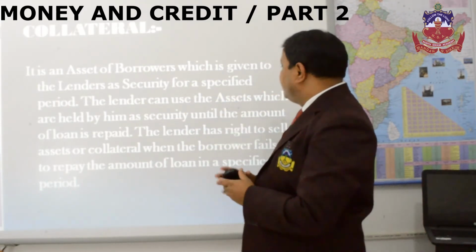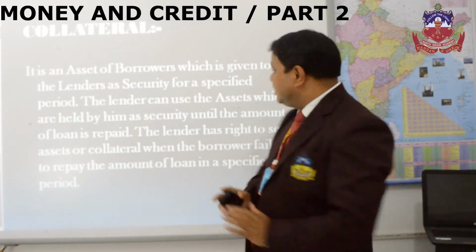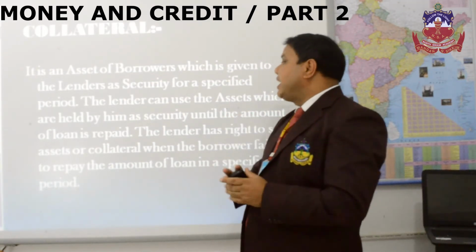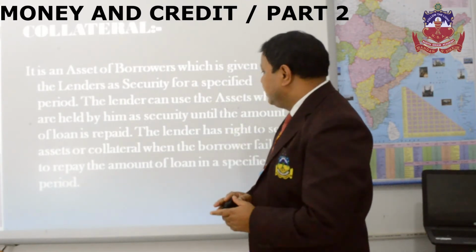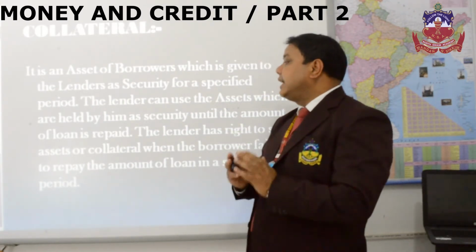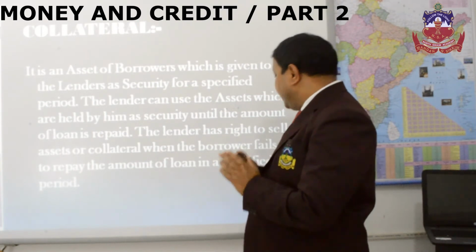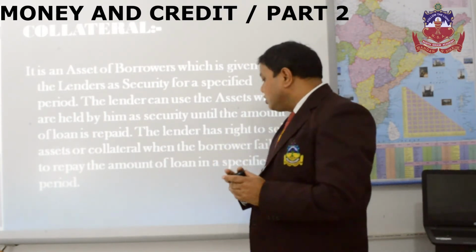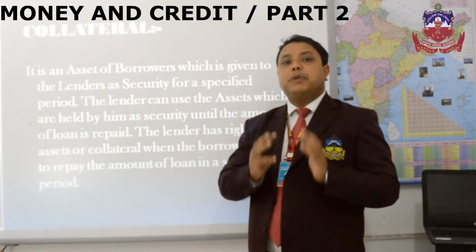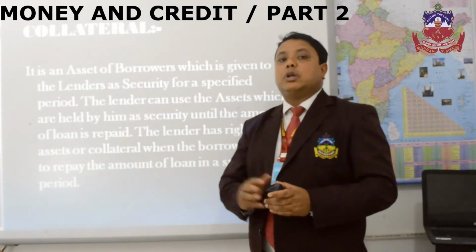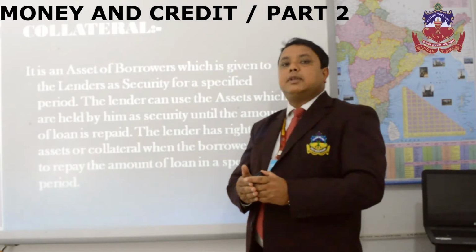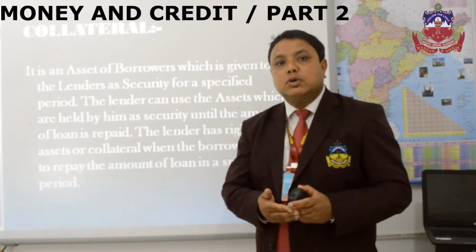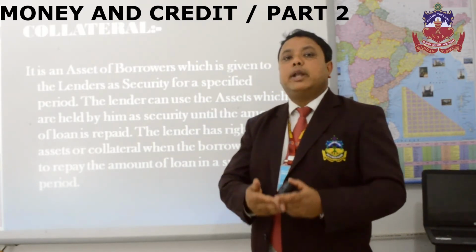The lender can hold the asset, that is the collateral, as security until the loan is repaid. The lender has the right to sell the asset or collateral when the borrower fails to repay the loan in a specified period. So the collateral can belong to the lender if the borrower is not able to pay back the loan in time.